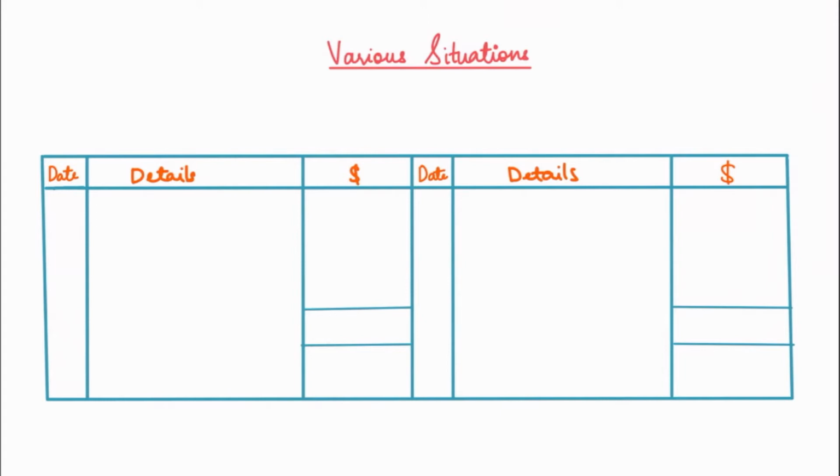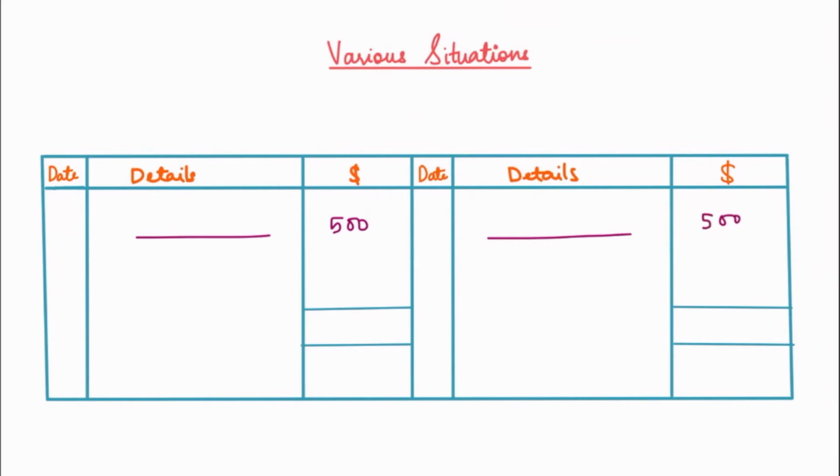Now let's see the other situation, which is balancing an account with only one entry on each side. So what this means is that the entry has been made on the debit side, some amount, and on the credit side, some amount. Suppose $500, and on the credit side also some entry of $500.